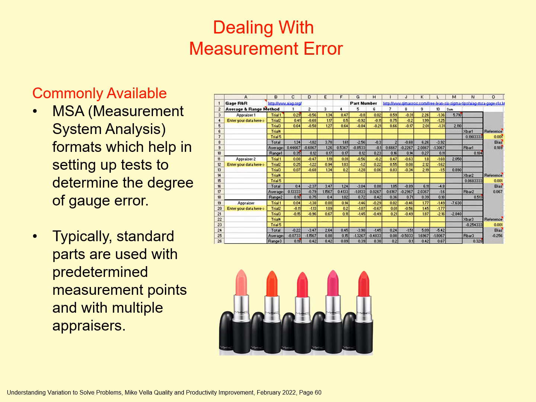There are books available to guide you through this issue of measurement error. One that I would point you to is through the AIAG, and they have a great book on measurement systems analysis. They provide you formats. Also, there are a number of statistical software programs that will guide you through this issue of measurement error to automate the process.